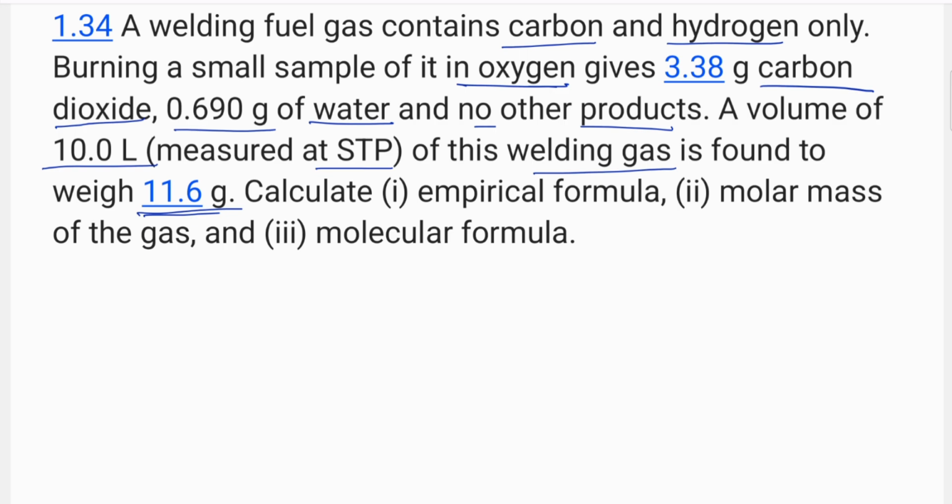So let's do this question. First, we have been given how much carbon dioxide is formed, right? The mass of carbon dioxide formed during combustion of this particular gas is 3.38 gram.